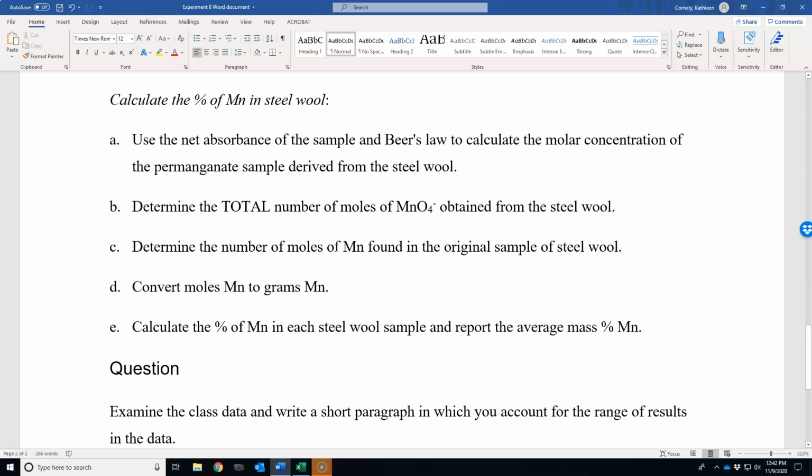Then use molar relationships to determine the number of moles of manganese in the original sample of the steel wool, convert moles to grams, compare the grams of manganese to the mass of the original steel wool sample, and multiply by 100 to get the percentage of manganese. You could then report an average of both your samples if you'd like to do that.